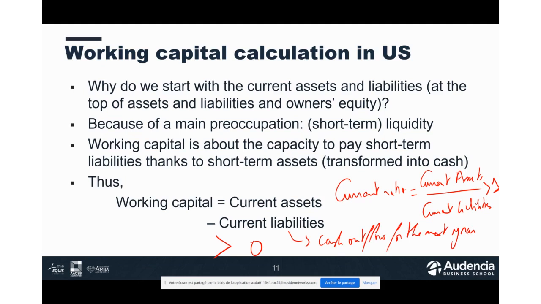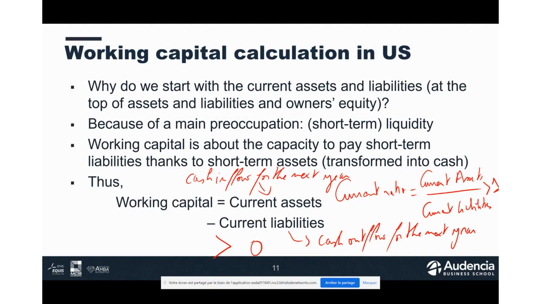Because of the past transaction, we have the effect on the balance sheet, and in the current assets, current liabilities, we separate what we will transform into cash during the next year, or is already cash, and in the current liabilities, what you will have to pay during the next year. So the working capital is the difference between normally what you should collect during the next year and what you should pay during the next year.